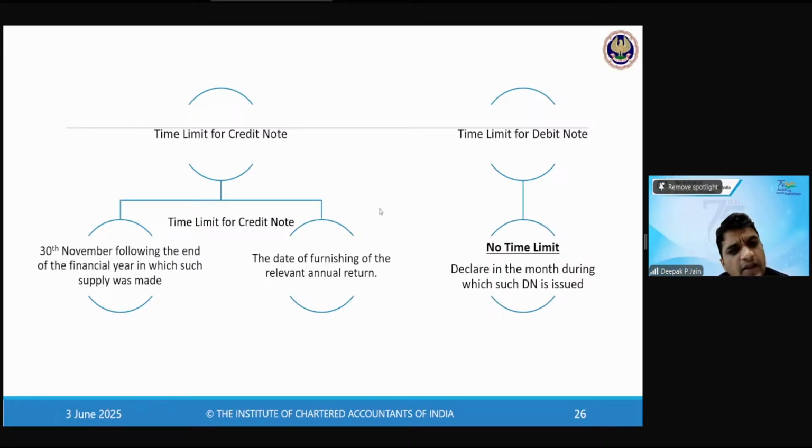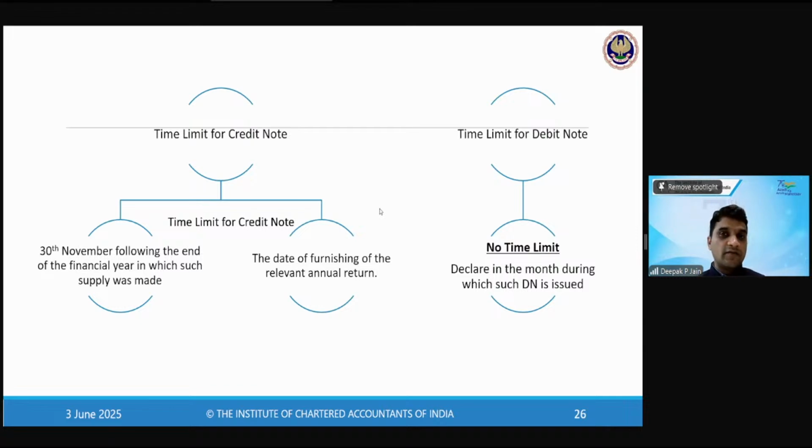Adjustment in annual return or monthly: it is preferred to do the adjustment in the monthly return itself. The 30 days limit under 9394 is applicable from 1st November 2024. What is this 30 days time limit? To claim the credit, right?